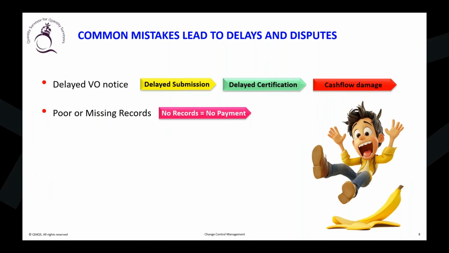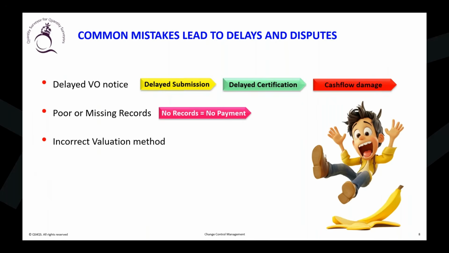Another thing is incorrect valuation. You really don't understand the contractual mechanism. Maybe some of you are practicing with different types of contract, like lump sum, remeasurement, or cost reimbursement contract, or different forms of contract like JCT, NEC, FIDIC, or a different bespoke contract, or different procurement routes like traditional, design and build, turnkey.